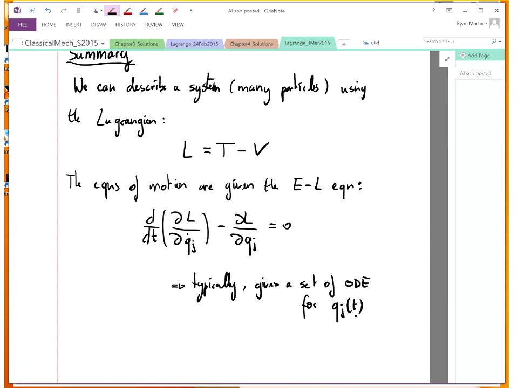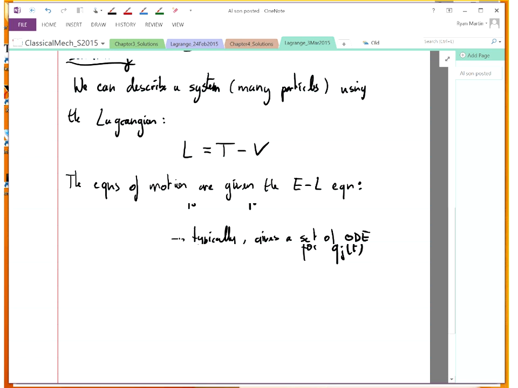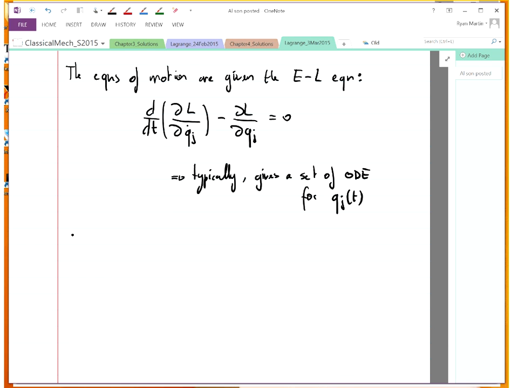So if we can describe how all the q_j's vary with time, we can describe how the system evolves. And because these are functions, to know those functions, we need to solve an ordinary differential equation. And the Euler-Lagrange equation gives us that differential equation. So we're physicists here, and we're not so concerned with how you solve the ordinary differential equation. That's a problem for our mathematician friends. Okay?